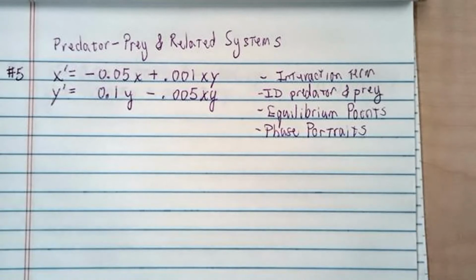It's not always horrible to carry it out. Sometimes it is, but of course, sometimes undetermined coefficients is pretty challenging too. But the reality is that in practice, it's more helpful to know that such things can be solved than it is to know how to solve such things.